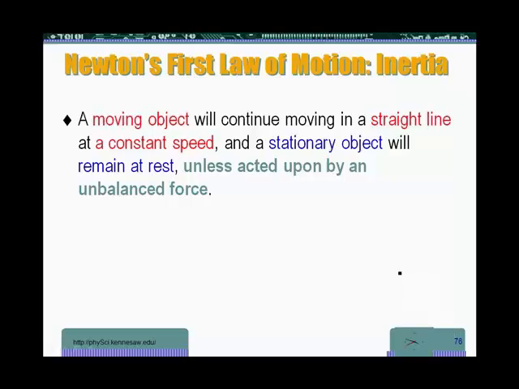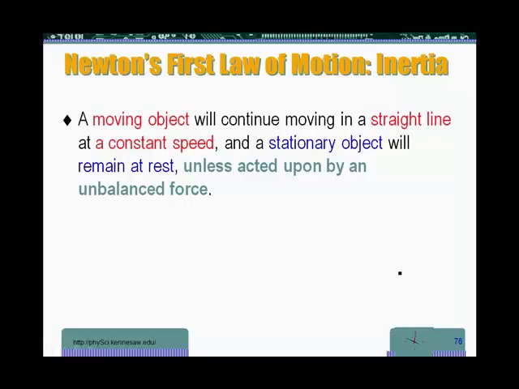In this recording, we are going to start talking about what causes motion. First, we start with Newton's first law of motion, the law of inertia, the one we talked about before. Again, it says a moving object will continue moving in a straight line at a constant speed.